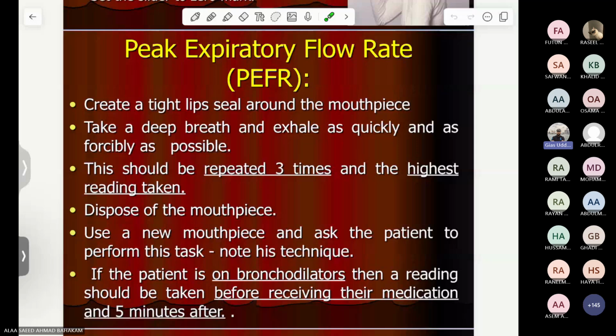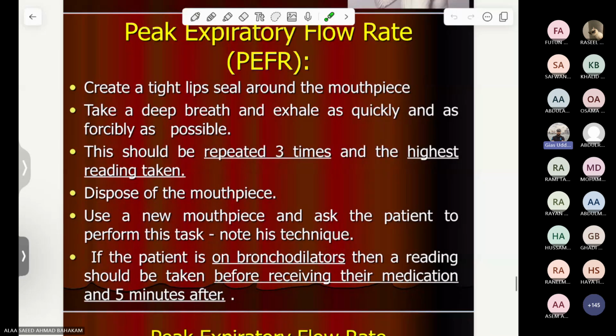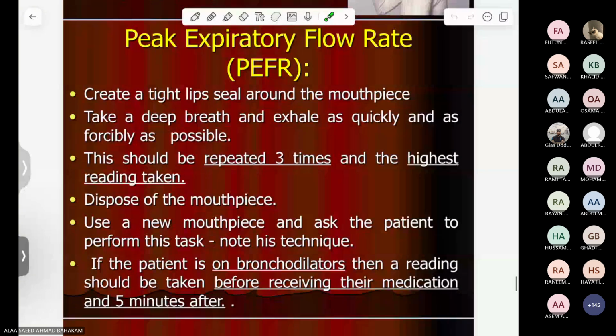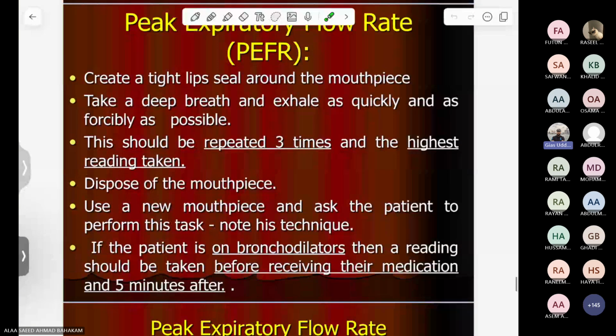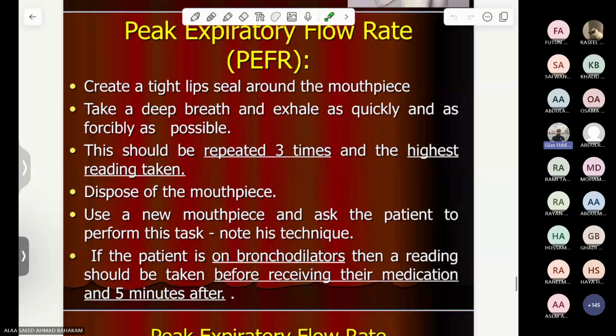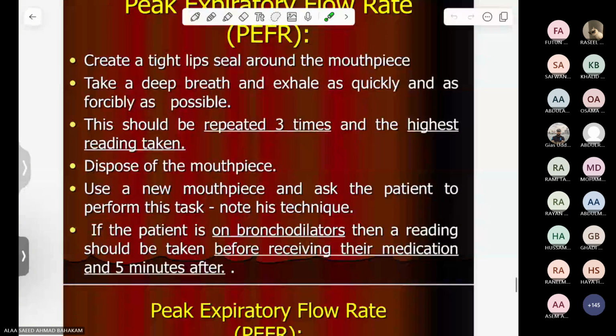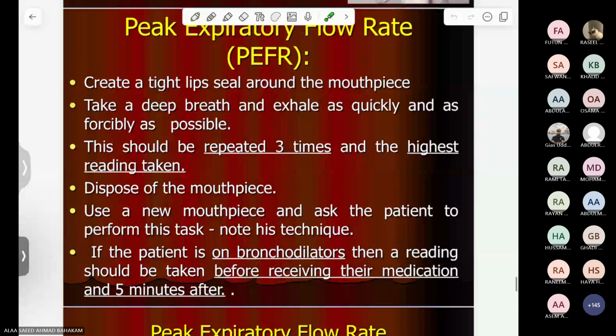So if the patient is on a bronchodilator, then the reading should be taken before receiving their medication and again after 5 minutes. So what are bronchodilators? Today, in your case, you had this bronchodilator, salbutamol.